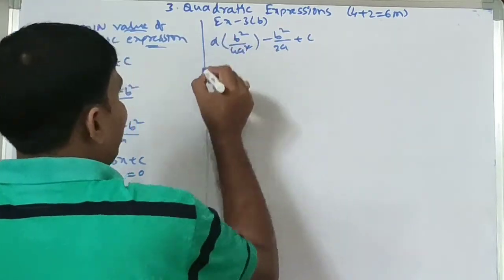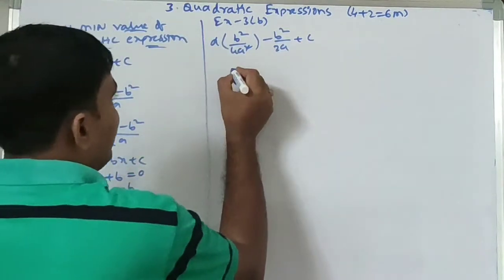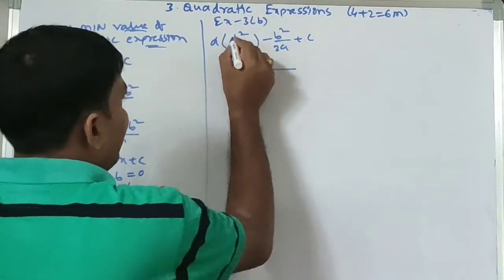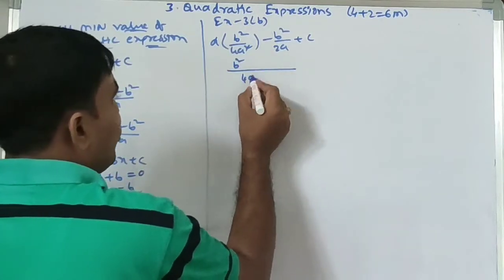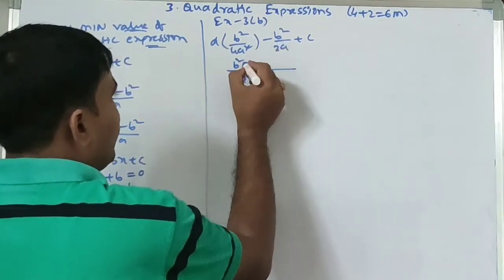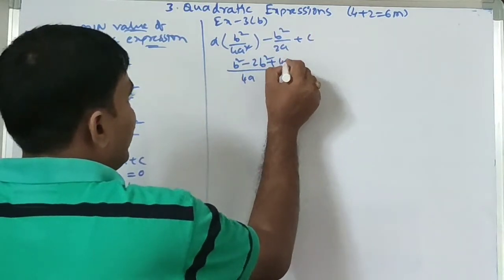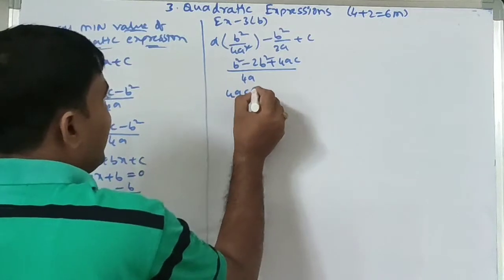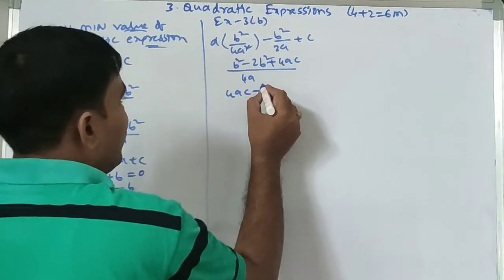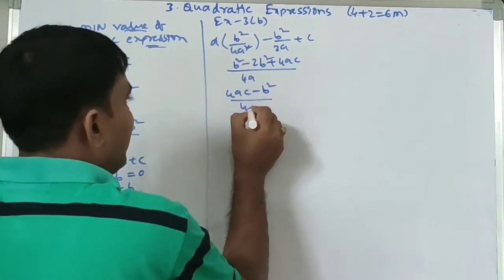One a gets cancelled. Taking LCM 4a: b square, minus 2b square, plus 4ac. So 4ac minus b square by 4a.